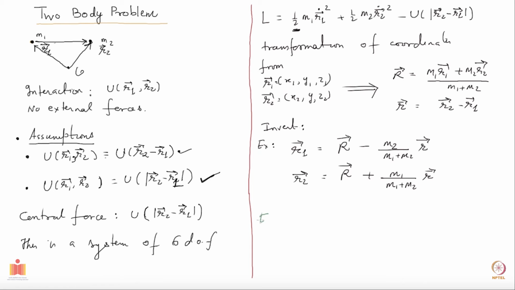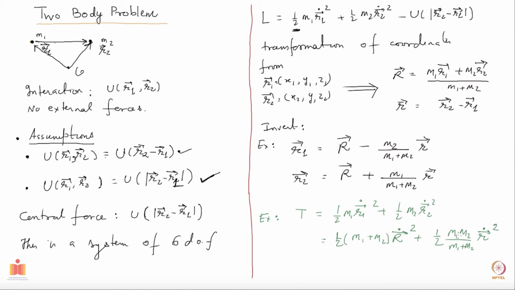So please check that the kinetic energy T, which is half m1 r1 dot square plus half m2 r2 dot square, becomes half m1 plus m2 times R dot square, which is the velocity of the center of mass squared, plus half m1 m2 over m1 plus m2 times r dot square.